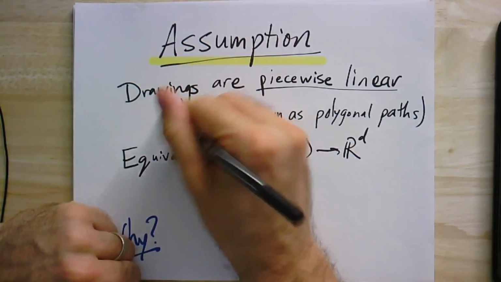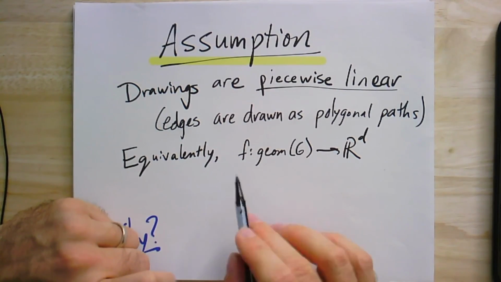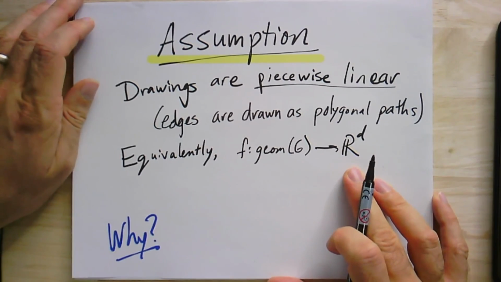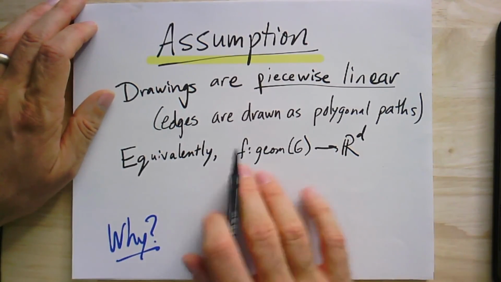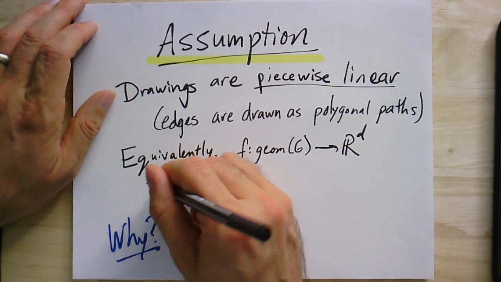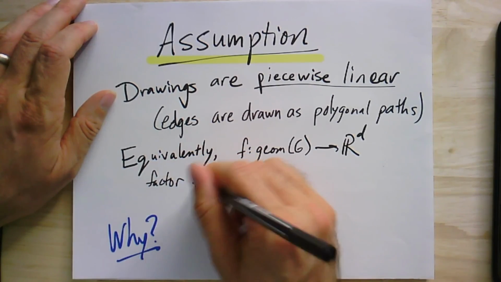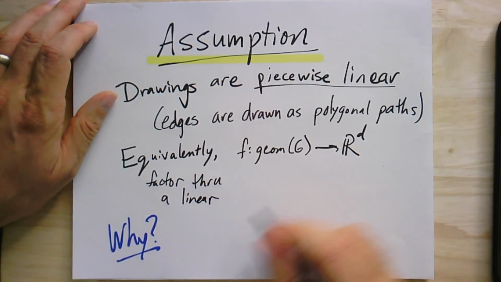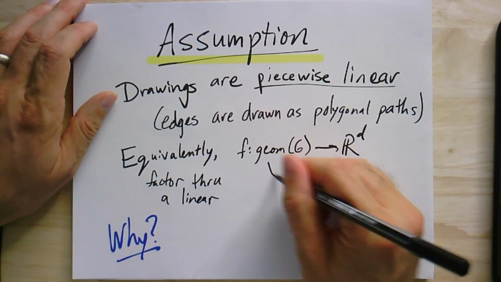There's an equivalent way of thinking about this, which is that if you have the embedding of this graph into, say, R^d, this map should factor through a linear map. Right, so factoring means that there are 2 maps here.